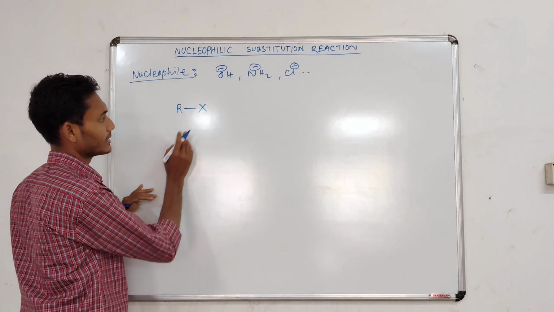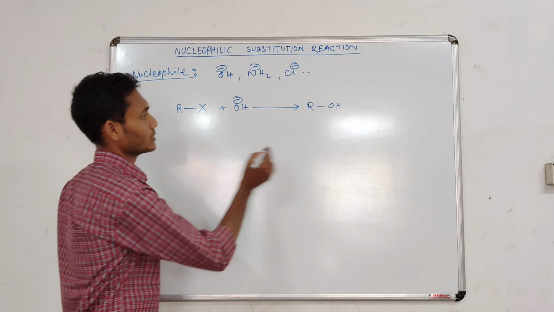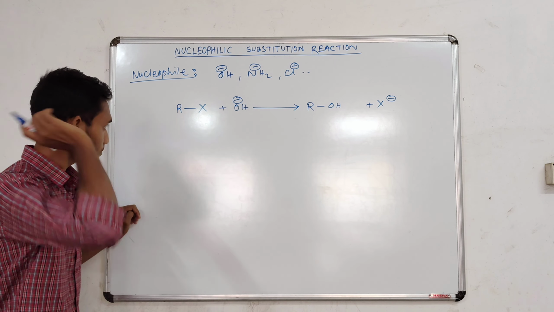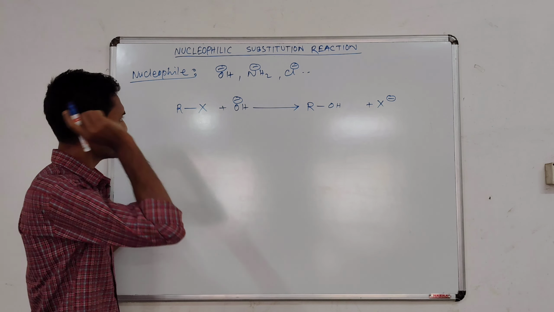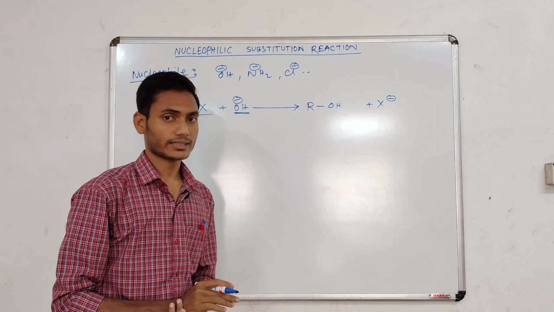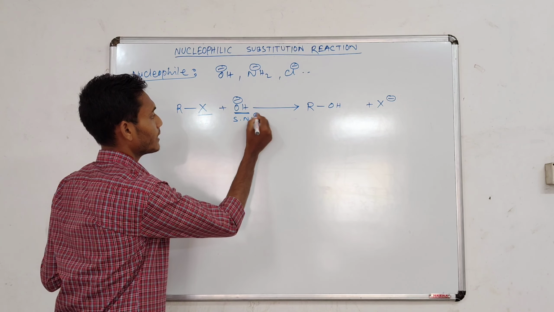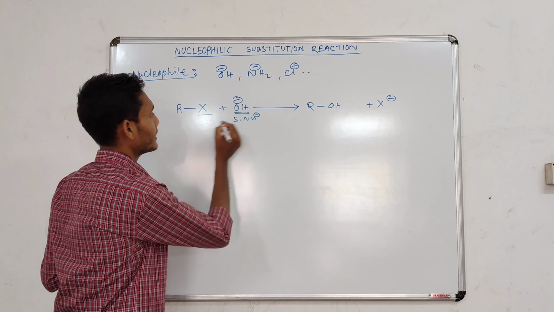So here we can say OH minus, that is hydroxyl ion, replaces X, the halogen atom. X minus will be left. So OH minus replaces X, and that is a substitution reaction. Here OH minus is a strong nucleophile and X minus is a weak nucleophile.